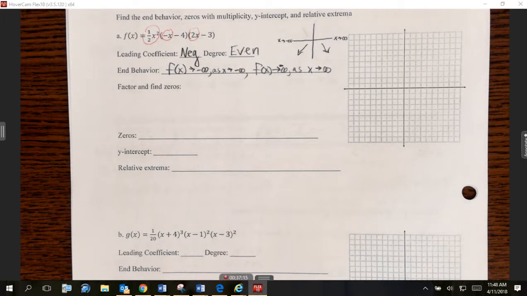Next, you're going to factor and find the zeros. It's already factored. You're going to find the zeros. And I think you have to talk about multiplicity too. Yep. In the homework, I think it says multiplicity as well.